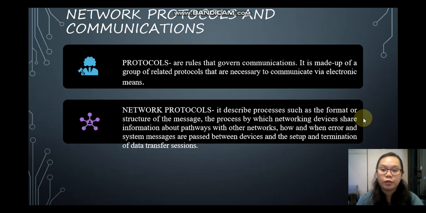Network protocols describe processes such as the format or structure of the message, the process by which networking devices share information about pathways with other networks, how and when error and system messages are passed between devices, and the setup and termination of data transfer sessions.